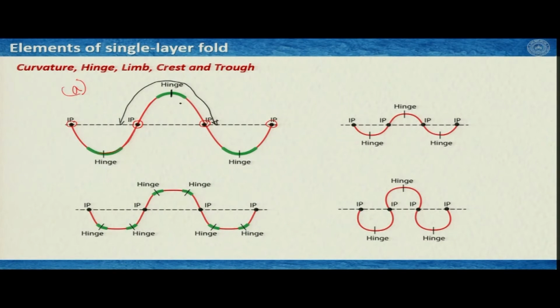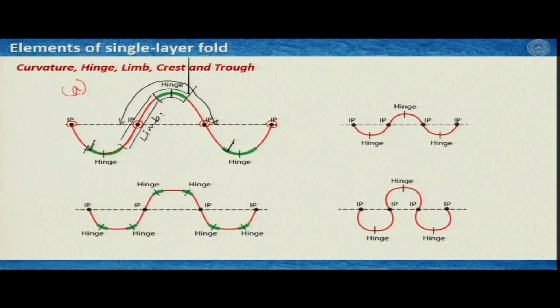And around this hinge point we have a small segment of this fold where the line is mostly curved, and the green areas here, here and here are known as hinge zones. Whatever is left, besides hinge and hinge zones, is the limb of the fold.